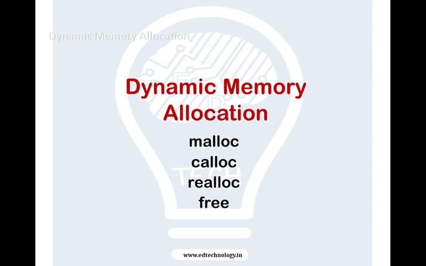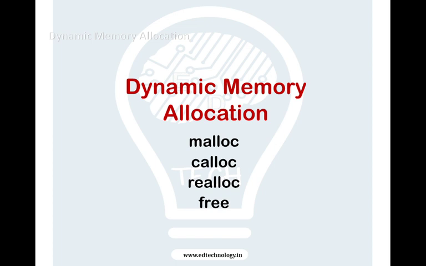Next up is, as I said, calloc. Calloc means contiguous allocation, and I'm not saying continuous, I'm saying contiguous allocation, which is a method which again dynamically allocates the block of memory, but it does two things.